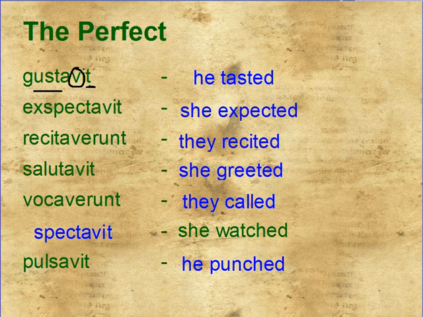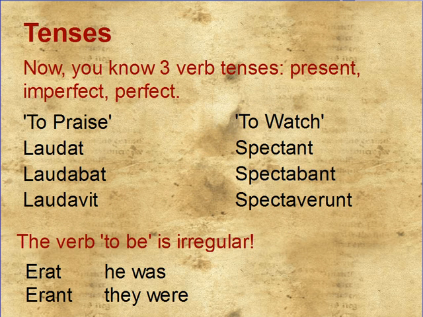Now you know 3 different verb tenses in Latin: the present, the imperfect, and the perfect. Have a look at these 2 verbs where you can see all 3 tenses at once. To praise, we can see the present, laudat, the imperfect, laudabat, and the perfect, laudavit.